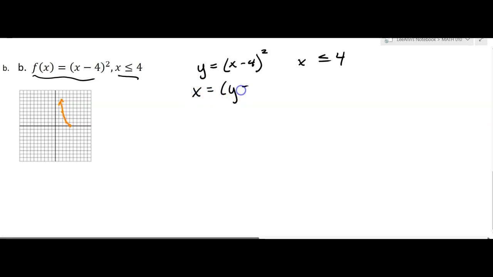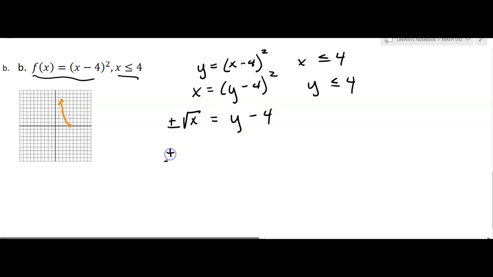Now we're going to go ahead and do the inverse, which I don't think there's going to be any surprises here, but let's just write it out. And we have x is less than or equal to 4. So when we switch the x and y, so take the square root.